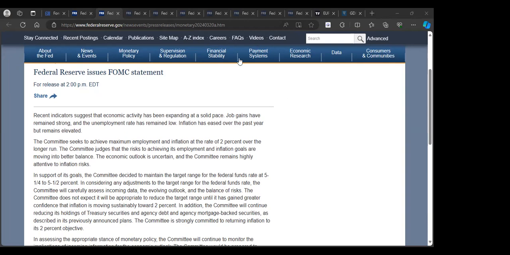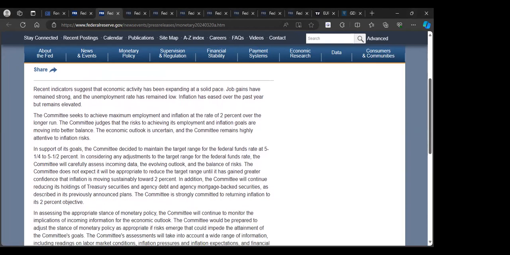Essentially, there's a targeted range that the Fed is trying to keep rates in. And some of these things we've talked about before, but the Fed is very repetitive, if you didn't know that already.